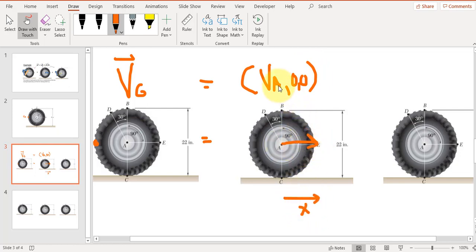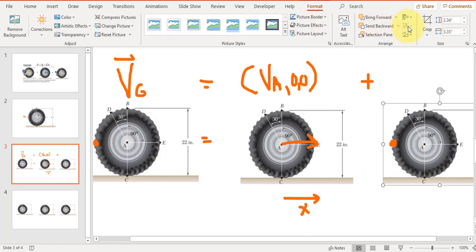So the entire thing is going to be here in the X direction. So that's the translational motion part of it, and then adding on to that, we will look at the rotational version of it. So if you kind of ignore the street for this, let me just clip that off here so we can ignore it.